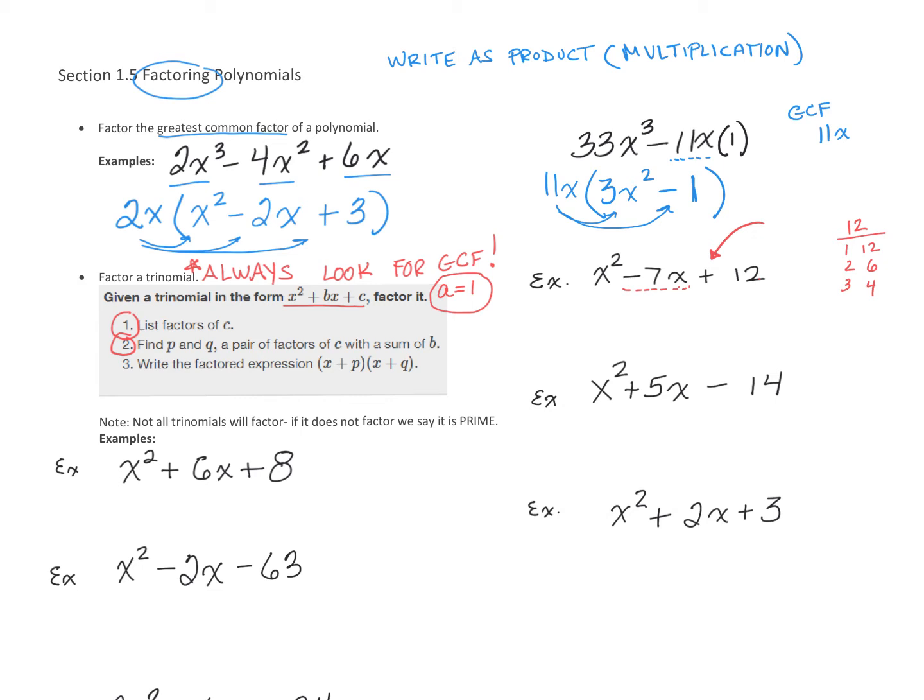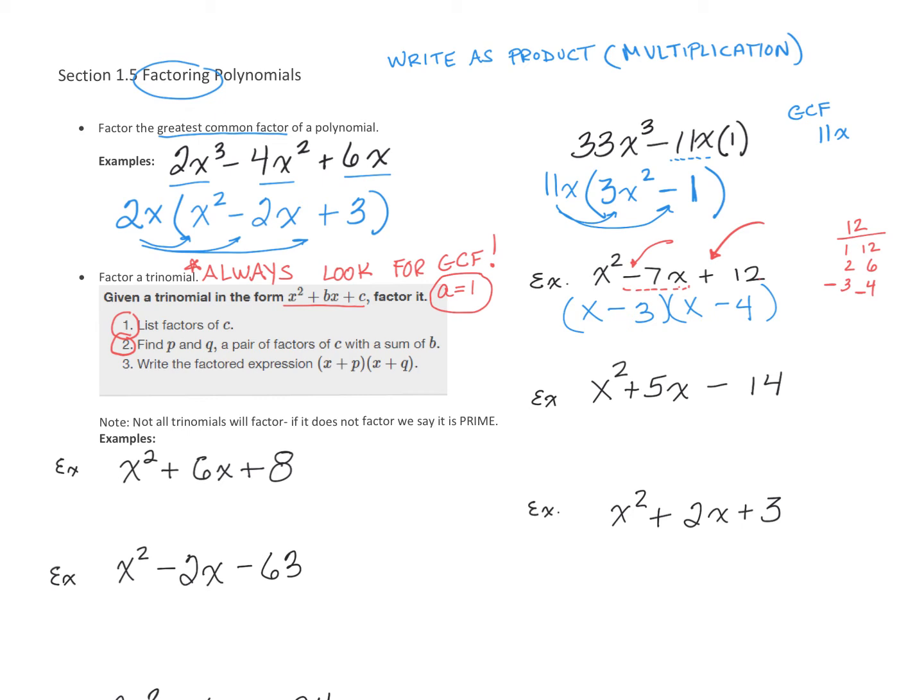They either have to be both positive or both negative. And because this second is a negative, we know we're going to have both negative. So we're going to use -3 and -4. And then we're going to write down our double bubble, and then we're just going to plop in our -3 and our -4. And if you FOIL this out, you're going to see that you get what you started with.